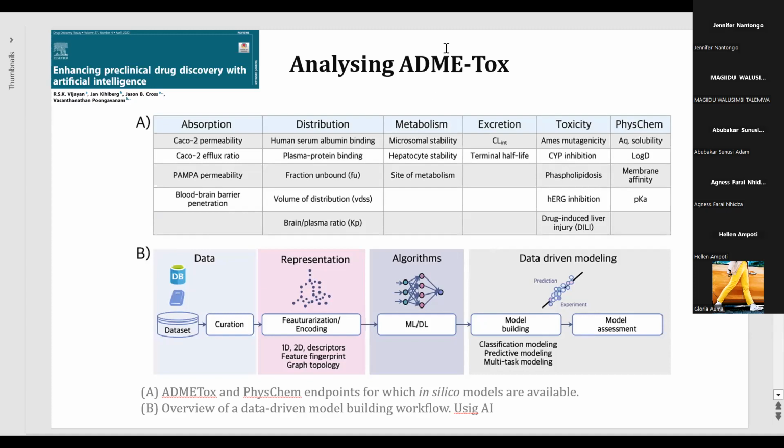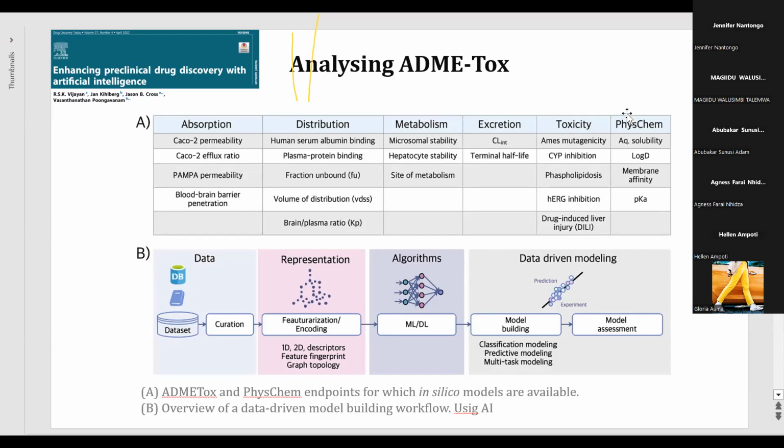And M is metabolism, meaning how the drug is getting metabolized in each part of my body. Is it causing any harm to my kidney or something? Then you have the E. E is excretion, how the drug is excreted from the body. Then tox is the toxicity study, whether it has any toxic effect in my liver or my kidney.